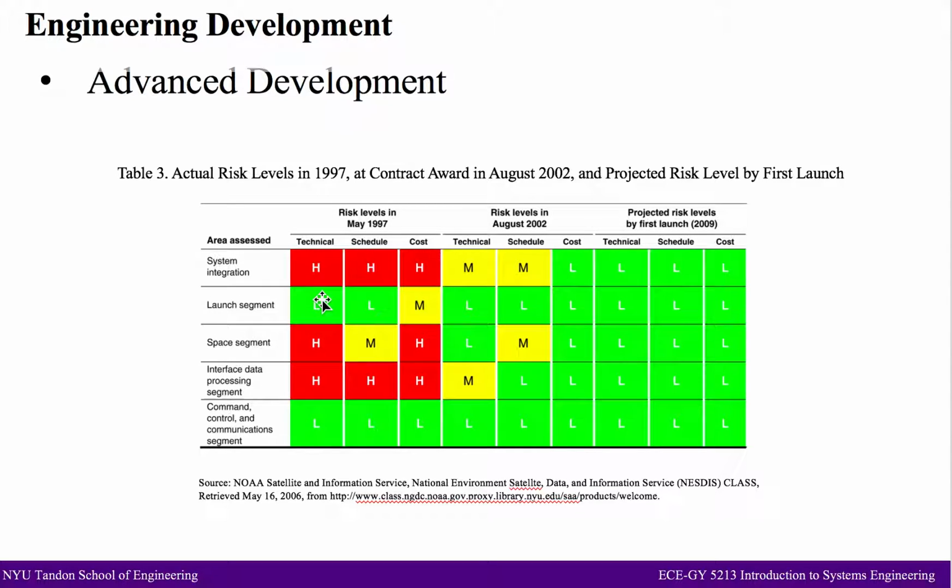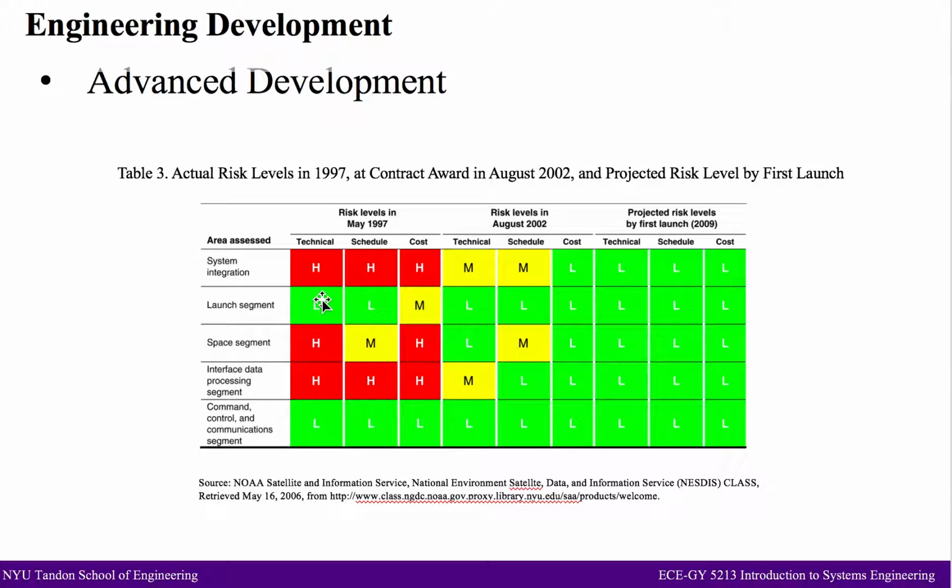As you can see from the table on the right part, Table 3, the result of the 1997 risk assessment, as well as the program office estimated risk levels by August 2002 and by first launch demonstration, the interface data processing segment and the overall system integration were assessed as high risk in technical, cost, and schedule areas.